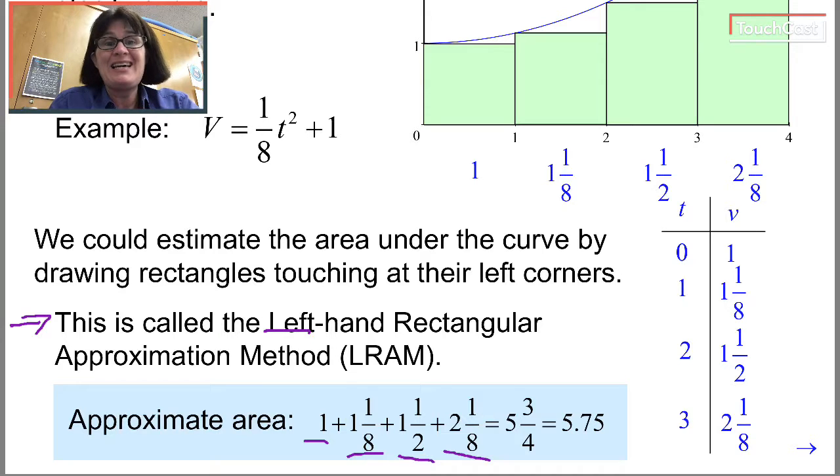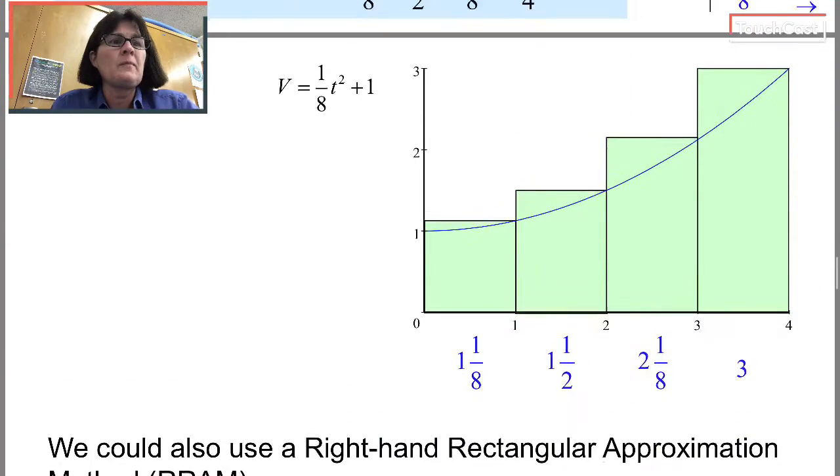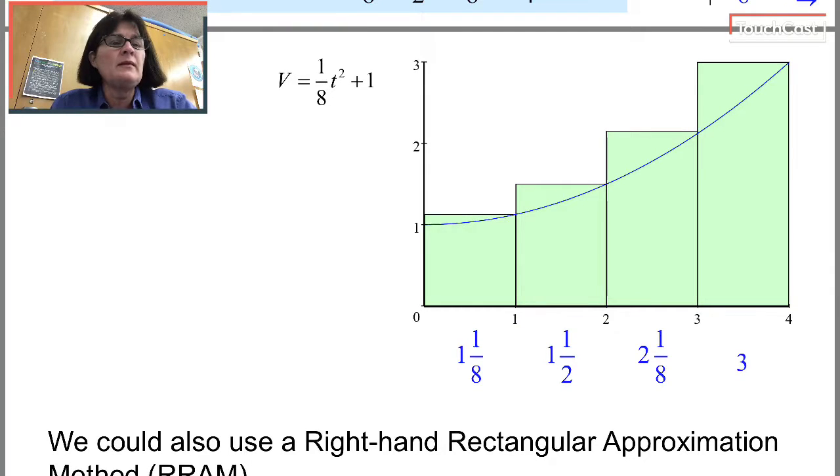I could, instead, have made my rectangles touch at their top right corner, and we call that the right-hand rectangular approximation method. So here's what that looks like. See how these rectangles touch at their top right corners.